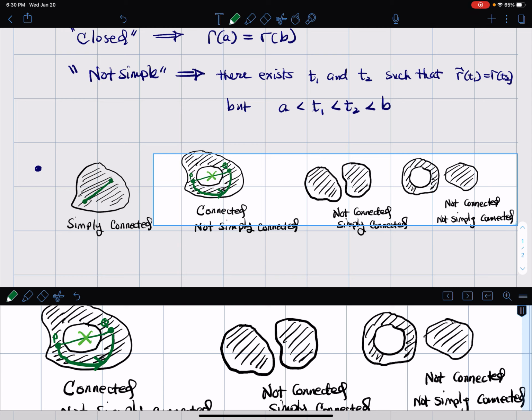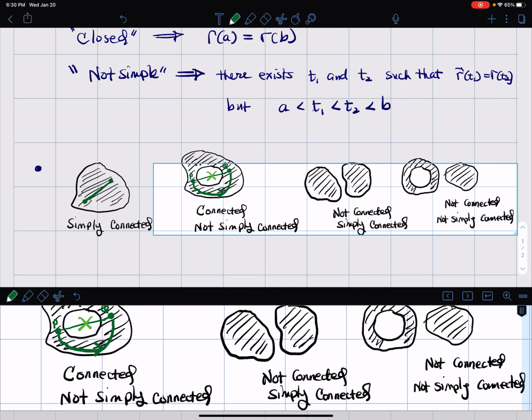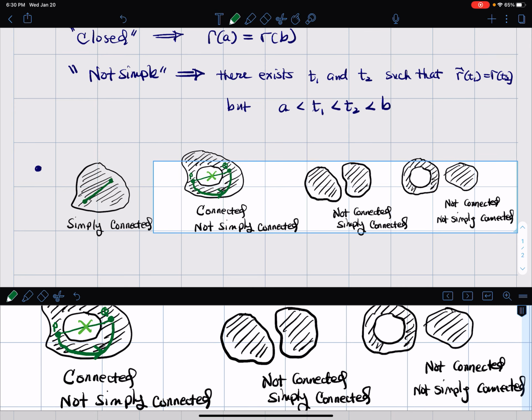Now, simply connected, right? If you have a not connected, but simply connected region. This third one is not connected, because we can find 2 points that we can't get to. There's no way to go from the first point here to the second point.